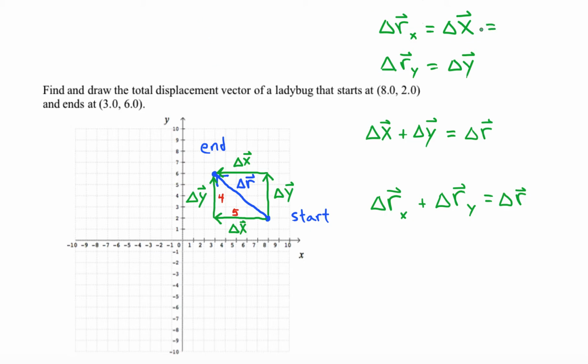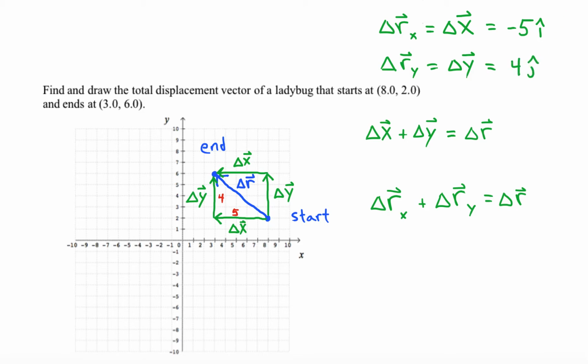So how do we write delta x? There are two methods that we want to be aware of. One of them is vector form, and that would be by taking a number and attaching it to an i or a j. For x, we use i, but for y, we use j.